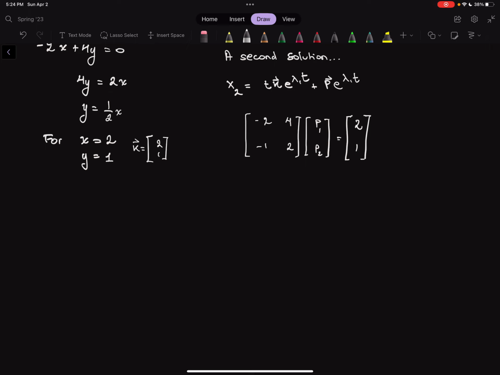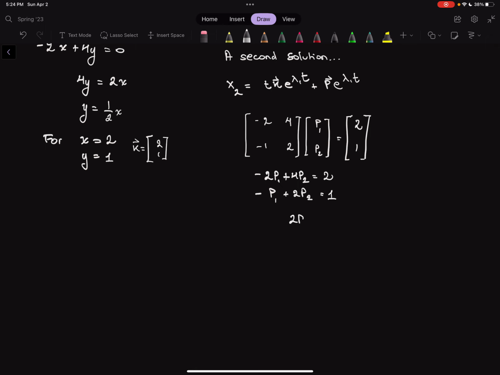And then we try to solve this. So we're going to have negative 2p1 plus 4p2 is equal to 2, and negative p1 plus 2p2 is equal to 1.